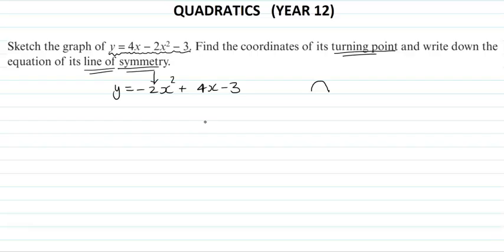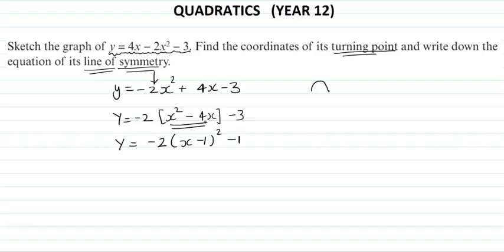Let's do completing the square. If we do completing the square, let's take minus 2 outside, and it should be here x square minus 4x, and it is minus 3. So I have taken this outside, and if you do the completing the square, it should be minus 2, x minus 1 square and minus 1, and this bracket should be here and it is minus 3, right?